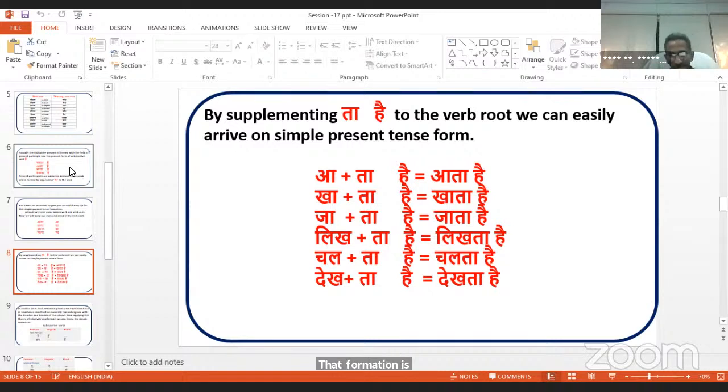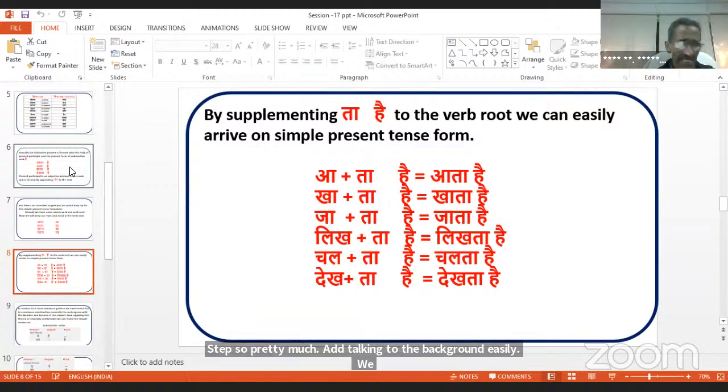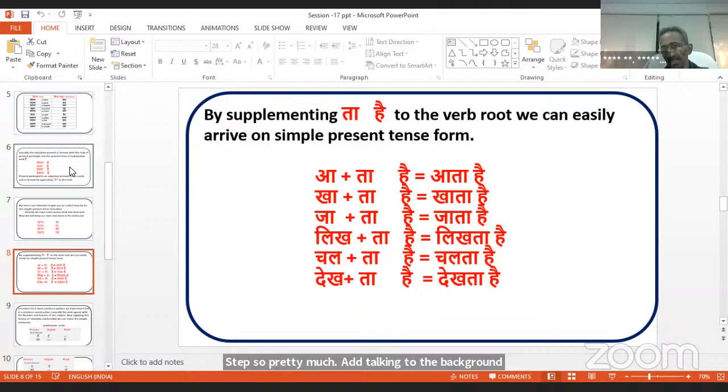Earlier we heard about the present participle along with the substantive form. But for an easy step, add ta hai to the verb root, and easily we arrive at the simple present tense. Aa plus ta hai, aata hai. That is a simple present tense form. Kha plus ta hai, khata hai.